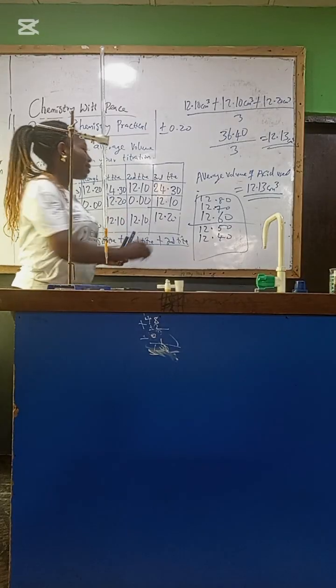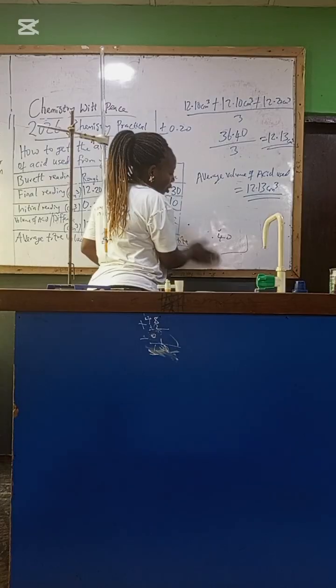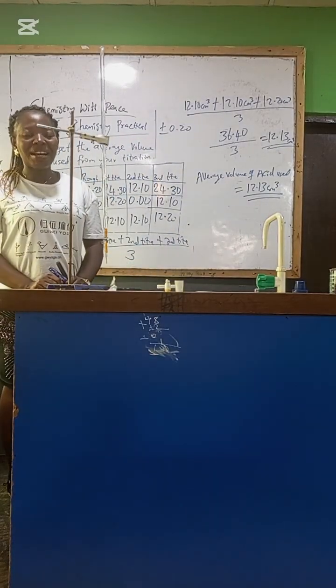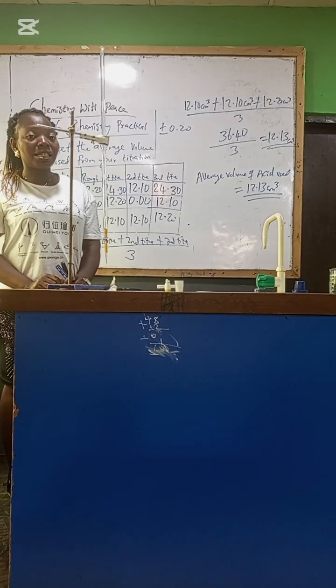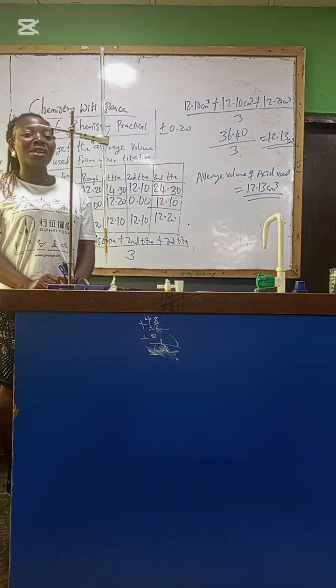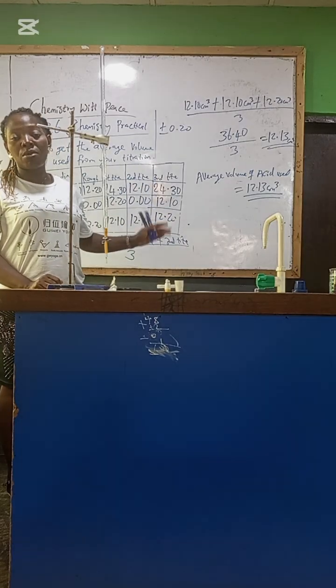So please be careful while tabulating your titration table. Be very, very careful when tabulating your reading. Don't make mistakes. Remember, the questions you are going to solve depend on your average volume of acid.